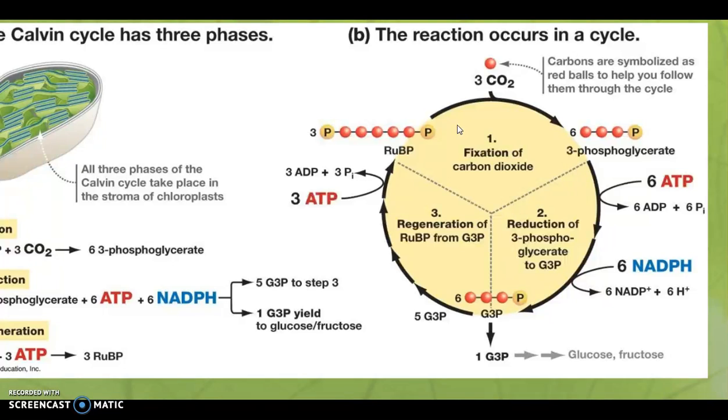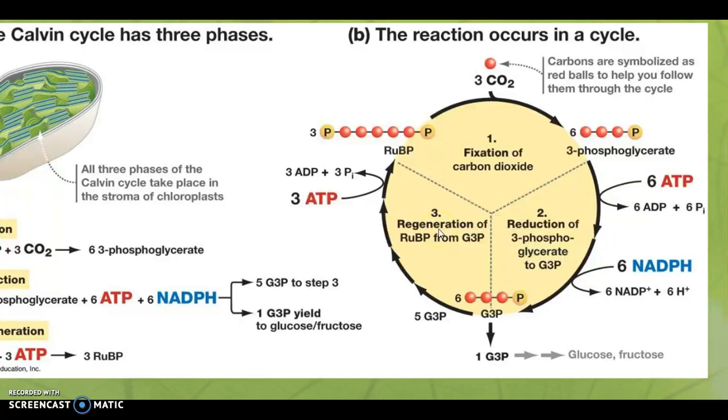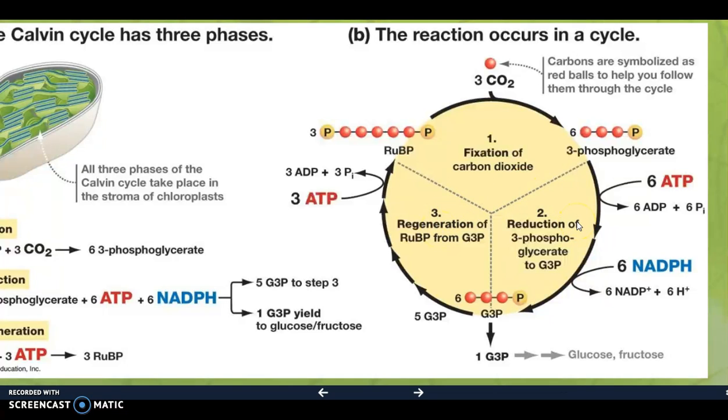So in the Calvin cycle, we go through fixation, reduction, regeneration. And then our high energy molecules, we no longer have those anymore. We've used up the high energy state of those molecules. We have NADP plus and ADP. Those molecules will go back into the system of the light-dependent reactions.